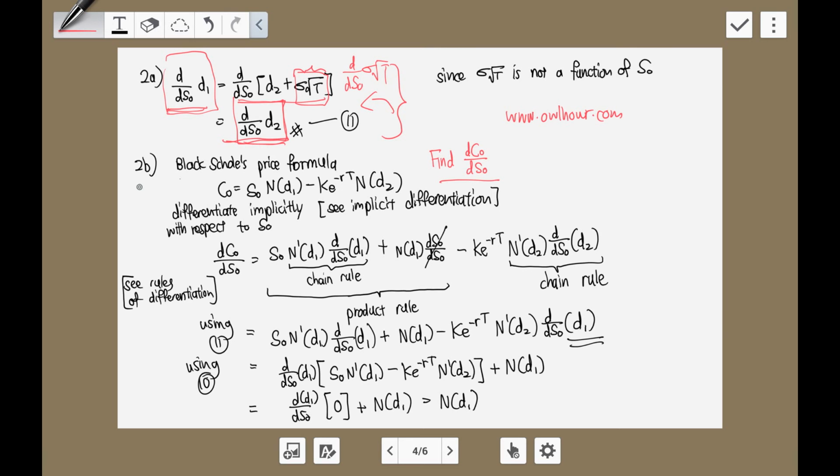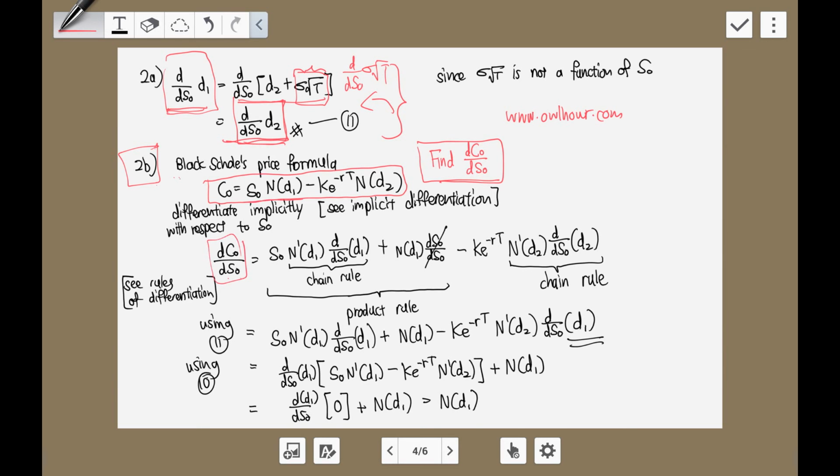In part 2b of the tutorial, the tutorial given by the course on financial maths, for this Black-Scholes price formula, I was supposed to find dC/dS0. So we are supposed to differentiate this with respect to S0, implicitly.